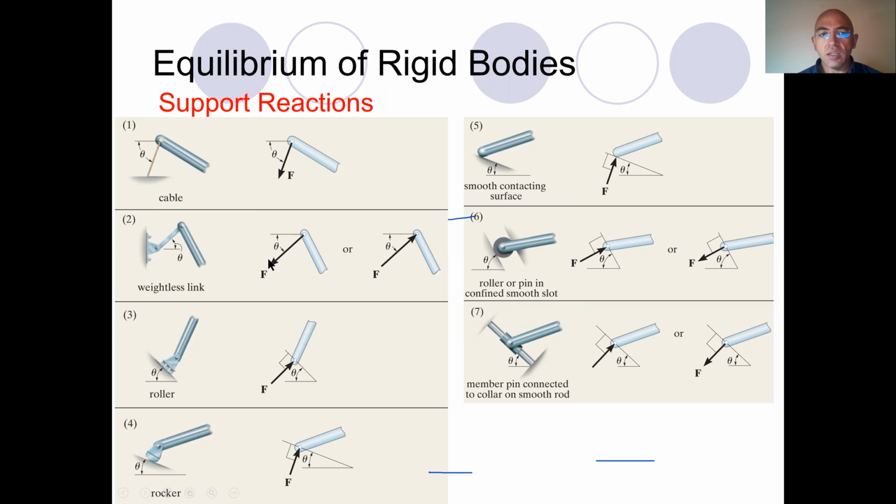It can be tensile, as you see on the left side. So this is tensile because we have action equal to reaction. Therefore, there will be a force in this direction on the link, and as a result, the force coming from the link is in this direction if it is tensile. If it is compressive, then it is in this direction. So what else? We have a roller.